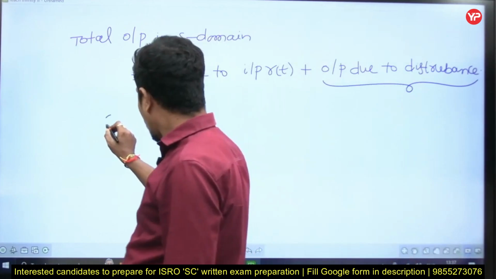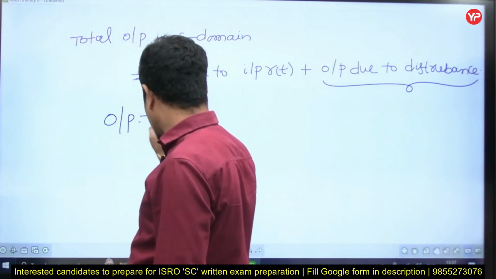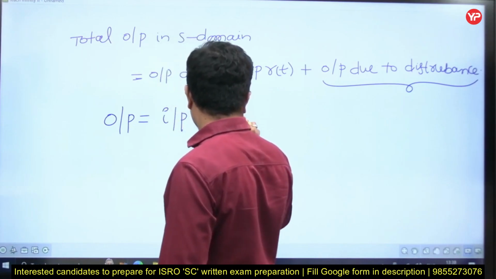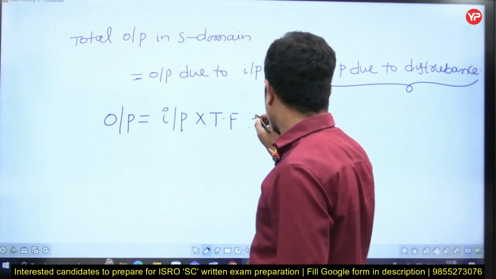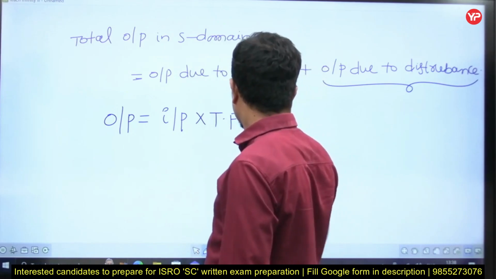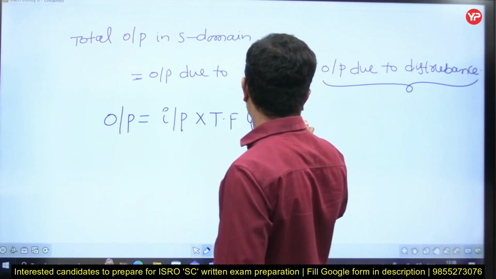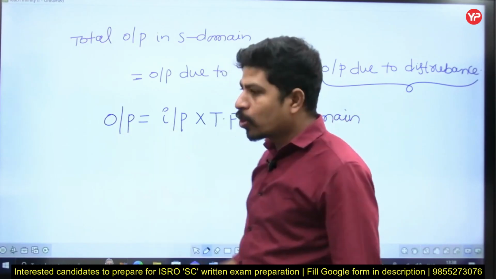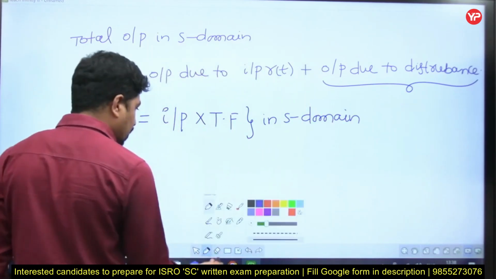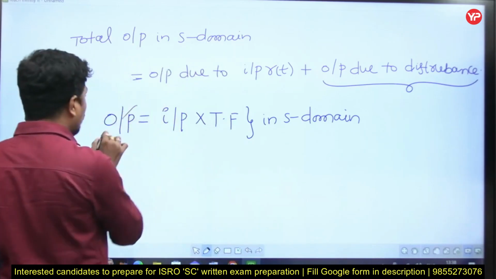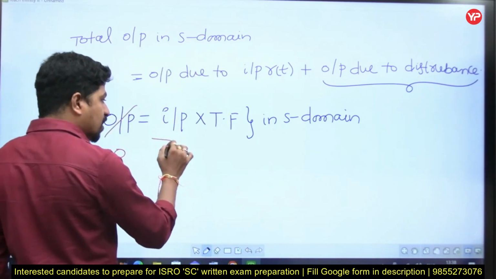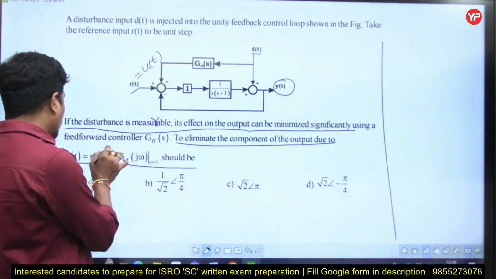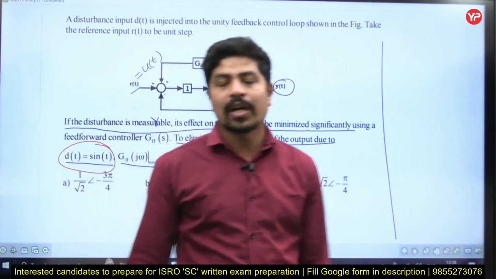What is output? Output in s domain is equal to input times transfer function in s domain. Right? Now, for this output to be equal to 0, input can't be 0. Why? Input is a finite input, a function of sin t. d of t is sin t.